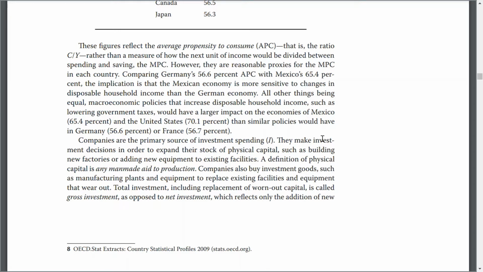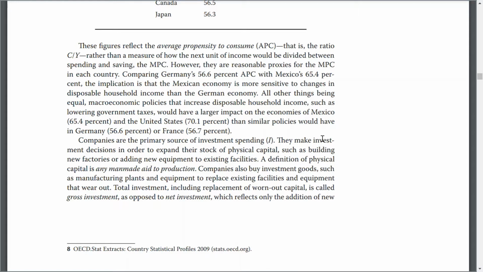Companies are the primary source of investment spending, or I. They make investment decisions in order to expand their stock of physical capital, such as building new factories or adding new equipment to existing facilities. A definition of physical capital is any man-made aid to production.